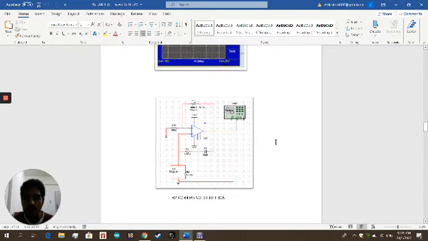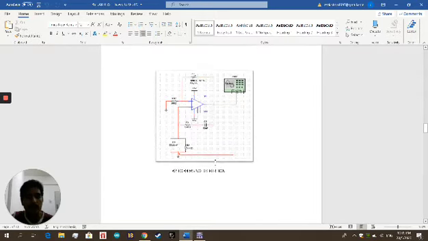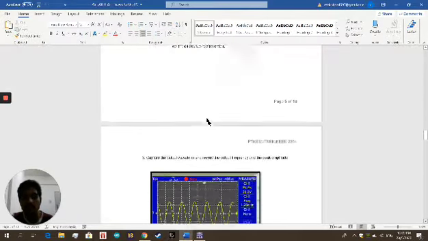The percentage value of the variable resistor is around 64%, something like that, within that range.